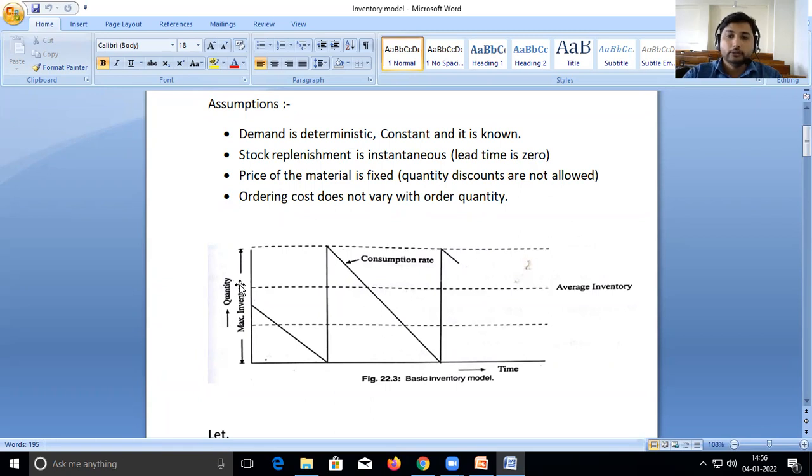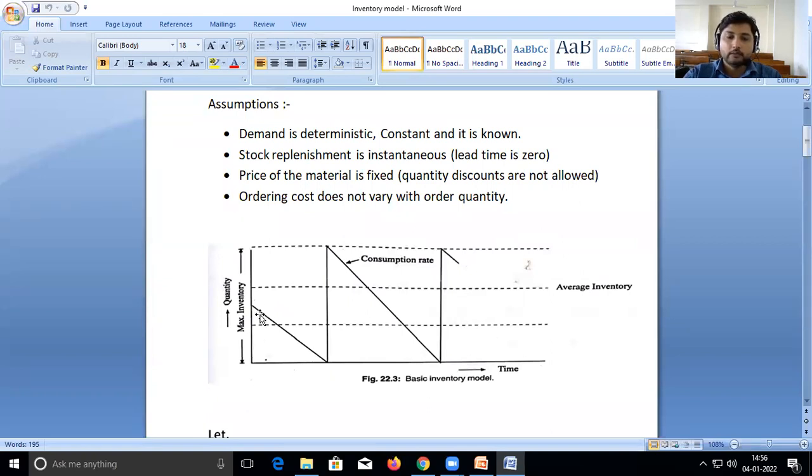The middle dotted line will be considered as the average inventory. And this level will be considered as the safety stock, or as the ROL level.